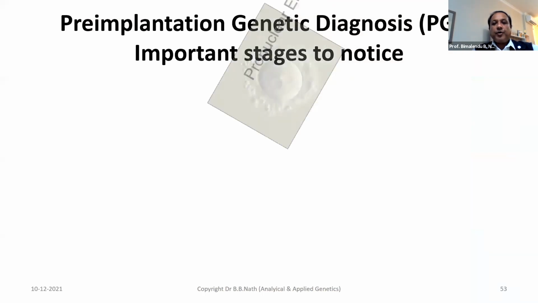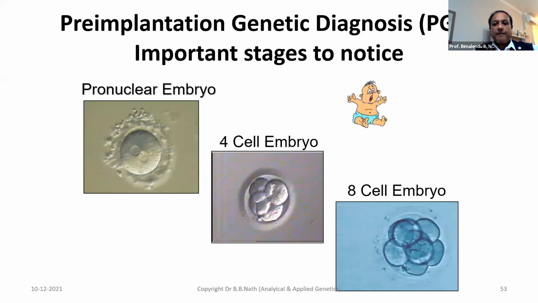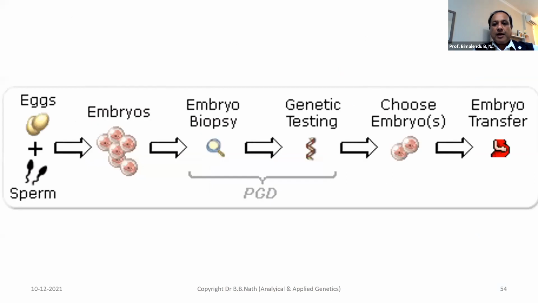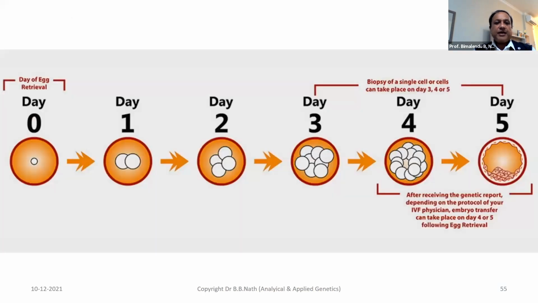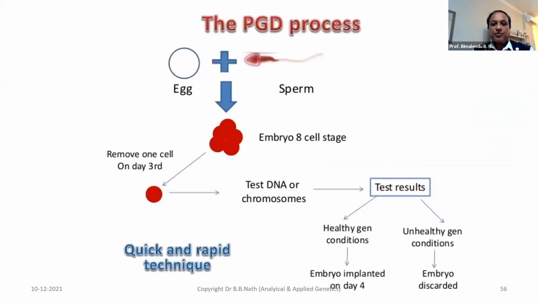One of the important things to notice is the day of egg removal. This is the calendar: day 1, day 2, day 3. From day 3 to day 5, you can take out a single cell and then carry out DNA testing. You can undertake chromosomal analysis and so on.